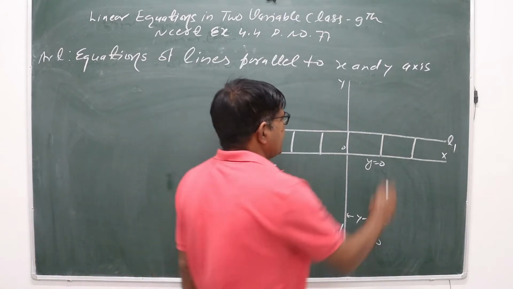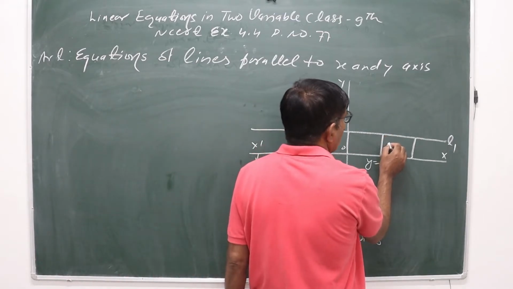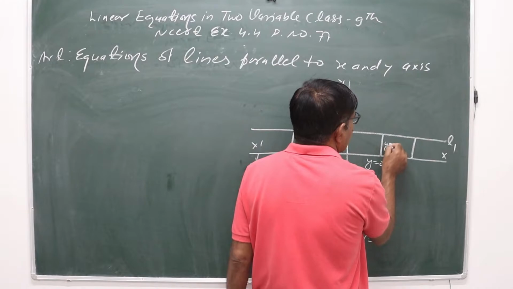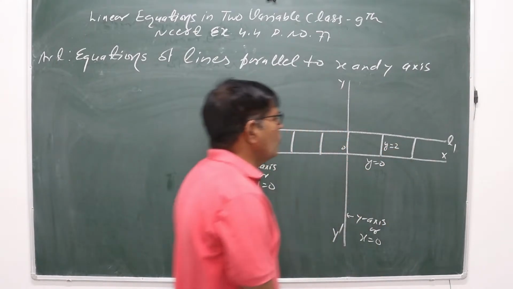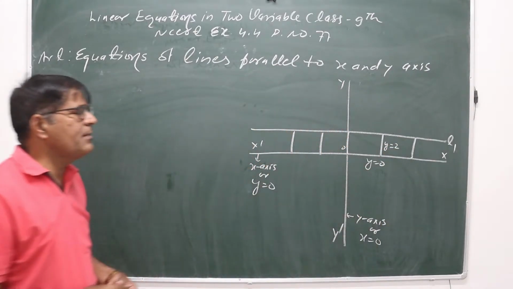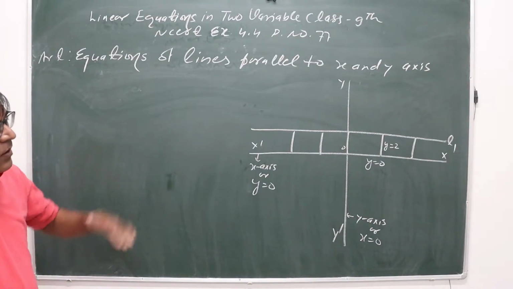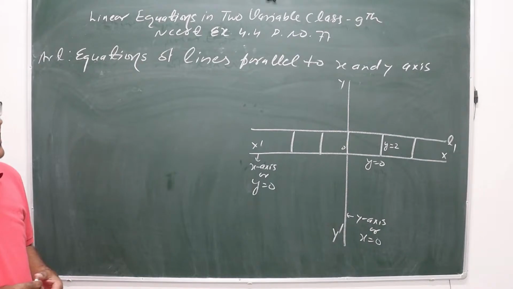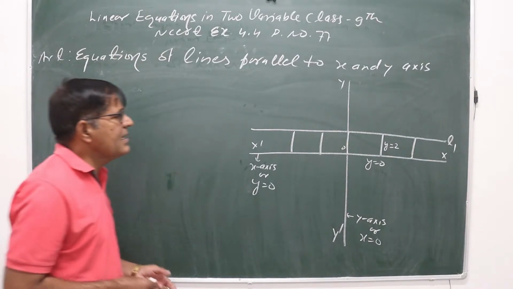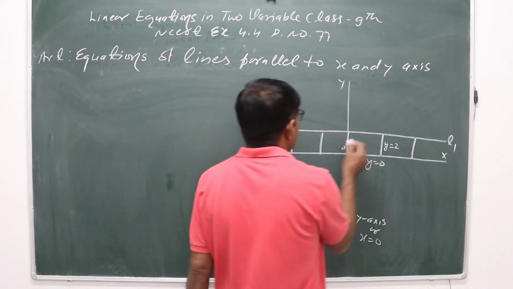So let this distance be 2, then the equation is y equals 2. Any line which is parallel to the x-axis will always be y equals some constant.